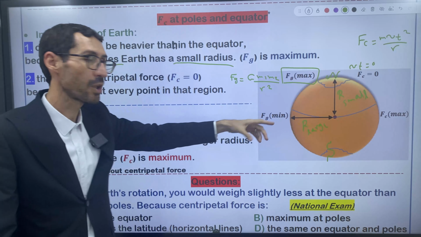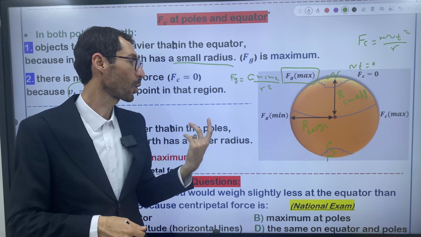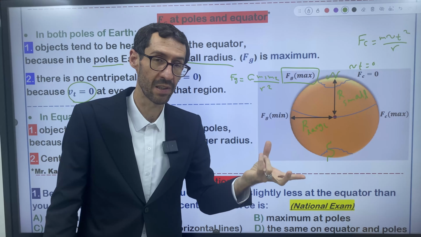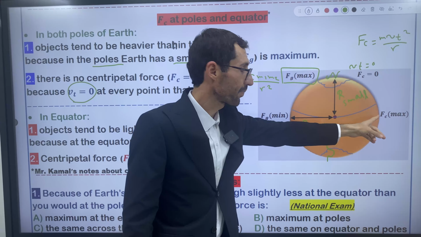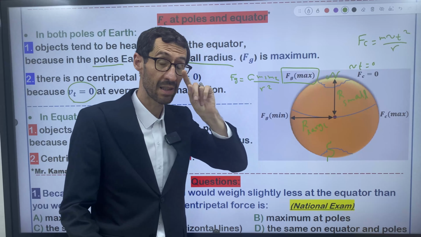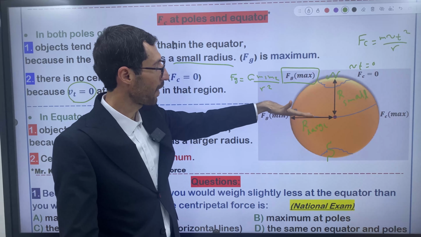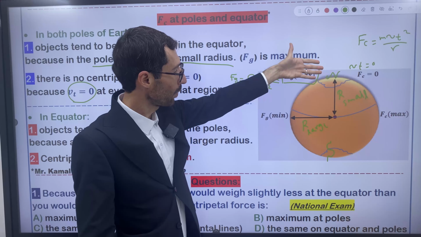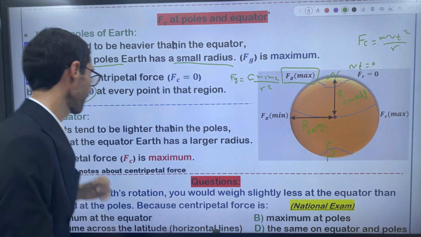The longest latitude is called the equator, and it's drawn from east to west of Earth. The equator divides the Earth into two hemispheres, the north hemisphere and the south hemisphere.